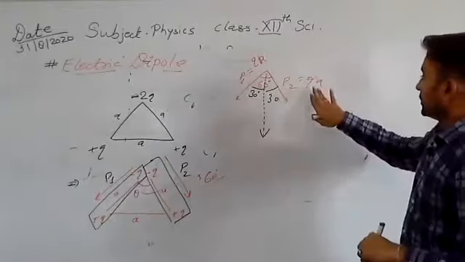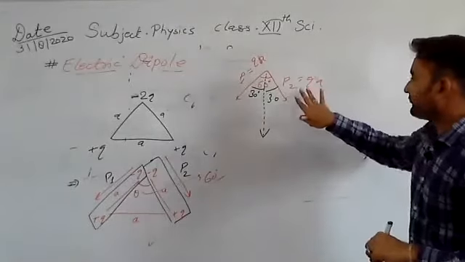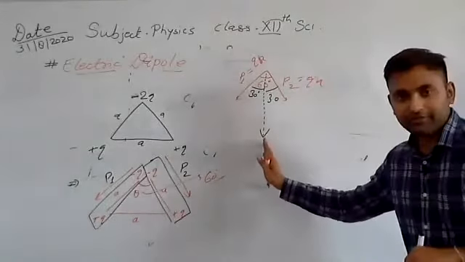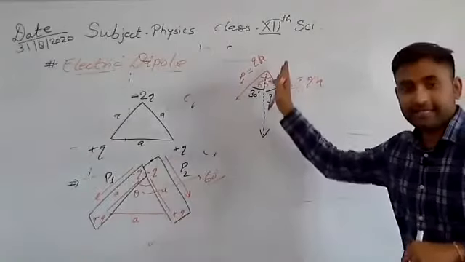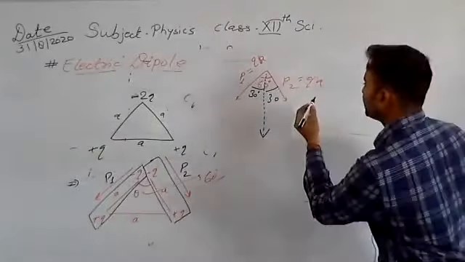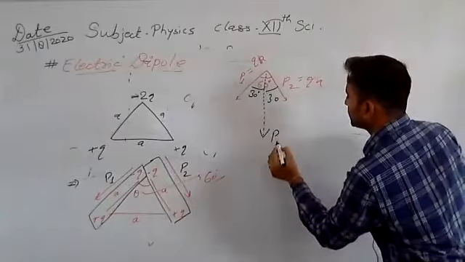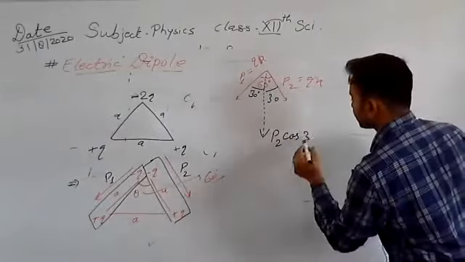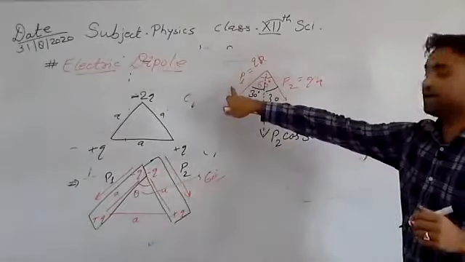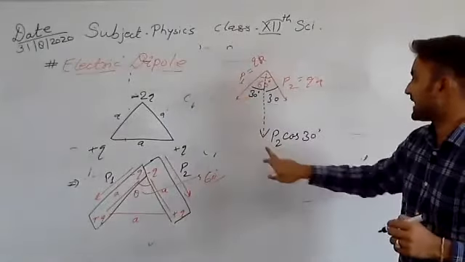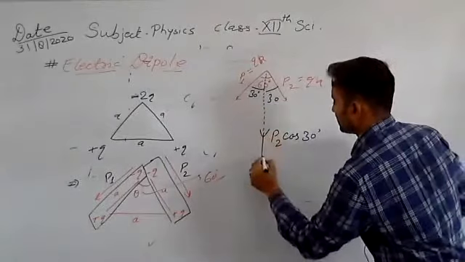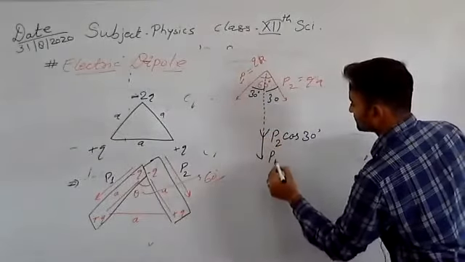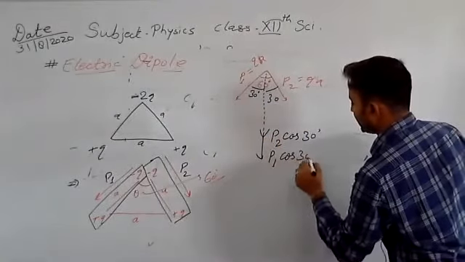Okay. The component of P2 in the direction of the 30 degree left hand side, what will be that? It will be P2 cos theta. Theta is what? 30. Component of P1 in this direction is P1 cos 30.